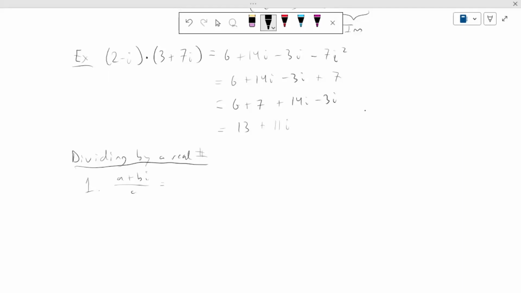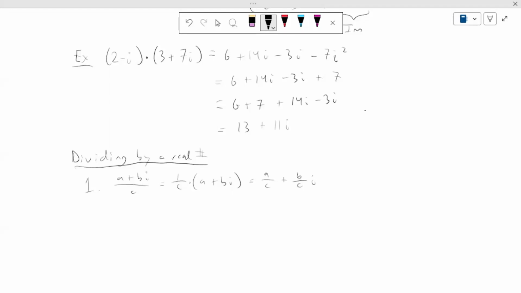So if I divide by C, it's the same thing as multiplying by 1 over C. And I like to express it that way because we are all familiar with the distributive property. Multiplication distributes over addition. So this is the same thing as 1 over C times A, which would be A over C, plus B times i divided by C. So I'll write that as B over C times i. Fair enough, just using my distributive property, that's what we get.